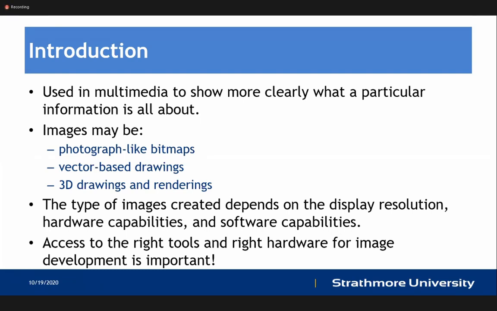Images could be still images. These are realistic photograph-like bitmaps. These are captured using your camera, phone camera or a DSLR. These are digital or professional cameras. You could also draw a still image using Photoshop or GIMP for this matter.